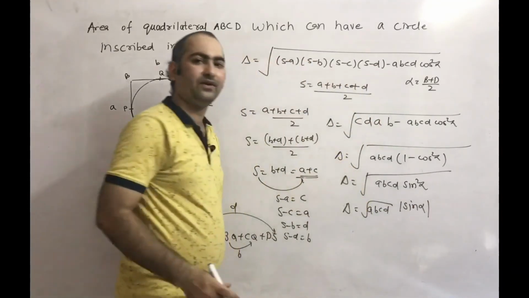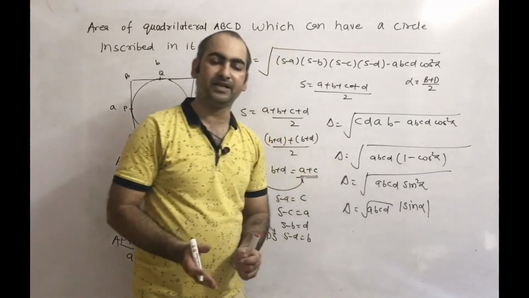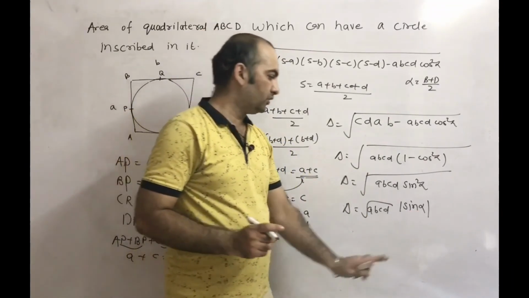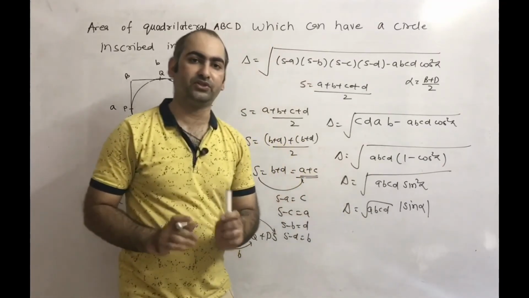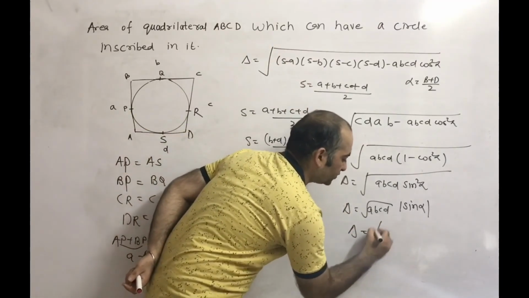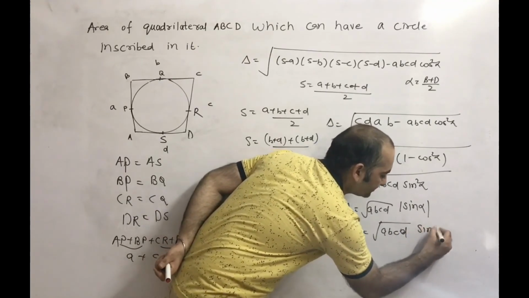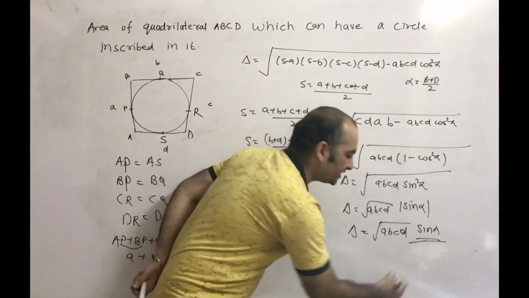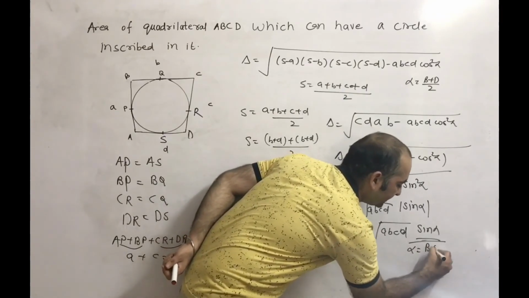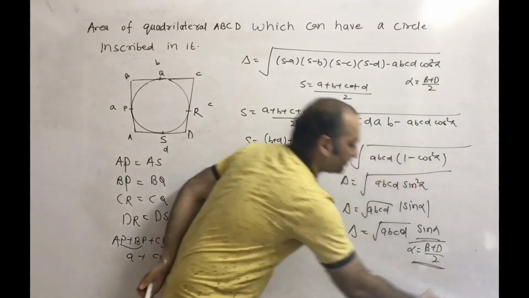And we know that alpha is between 0 and 180 degrees, where sine is positive. So we can write delta equals root over ABCD times sin alpha. That's your answer, where alpha is (B plus D) divided by 2.